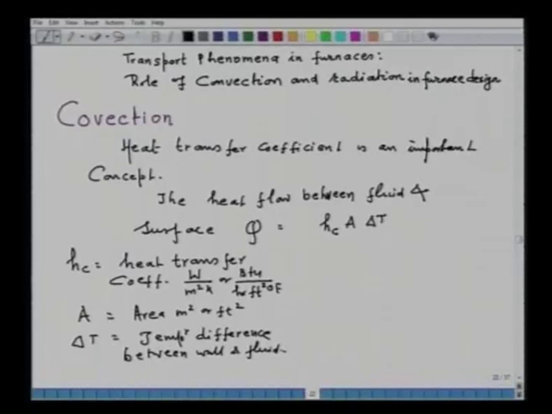Now, let us consider a temperature profile of a flowing fluid bounded by a cooler wall. That means, I will consider this is a cooler wall, and fluid is flowing in this direction.